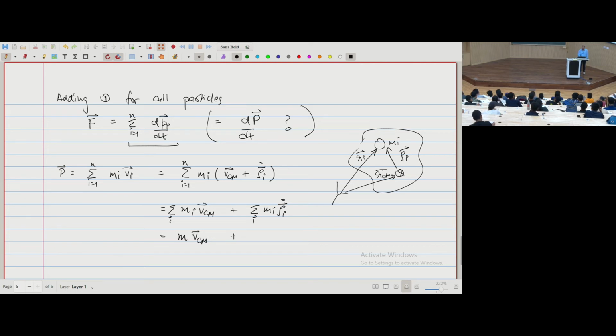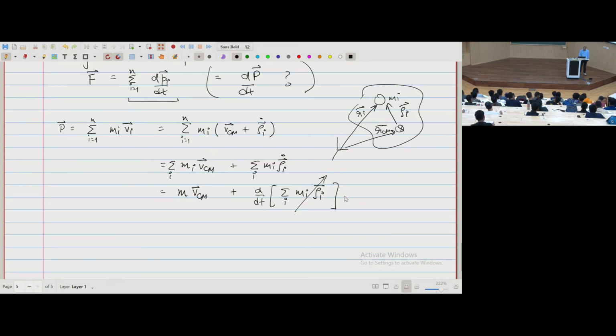What about the second term? We already saw that this term was 0. What we see is the linear momentum of the system, which is the sum of the momenta of all the individual particles, can be written as the total mass of the system times the velocity of the center of mass. And that is exactly what we wanted.